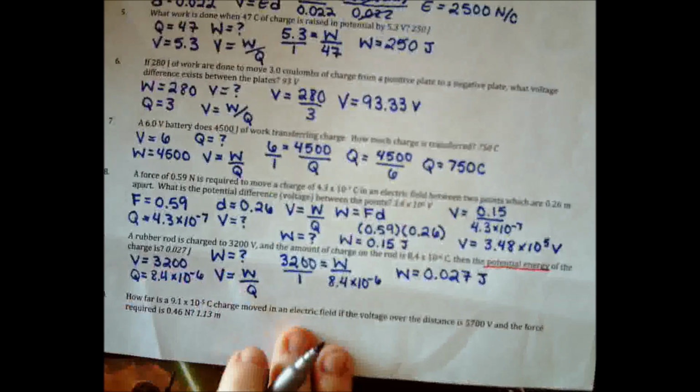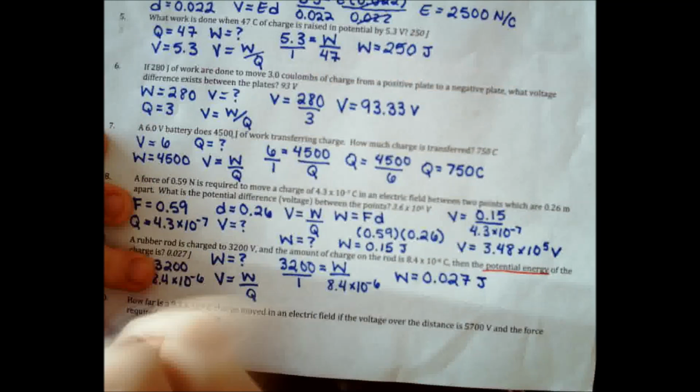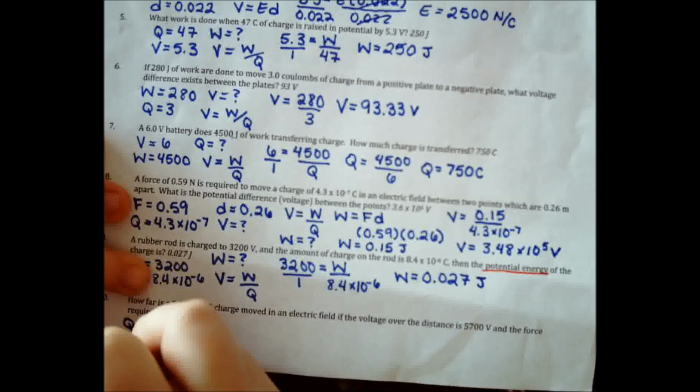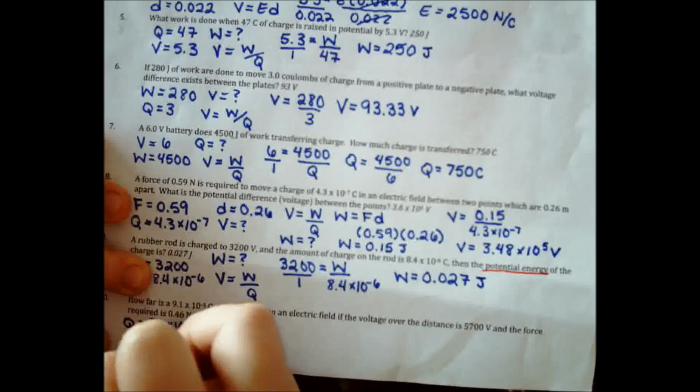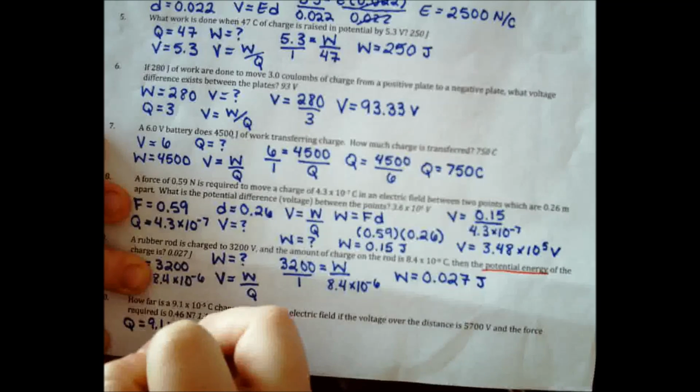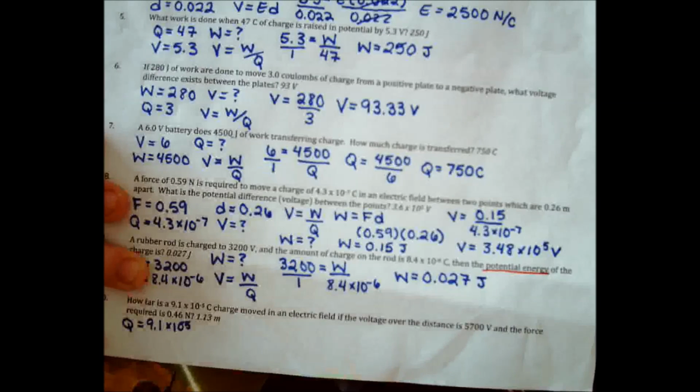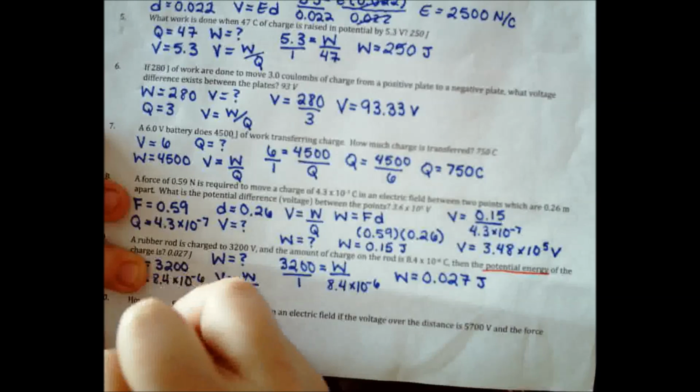Alright. How far is a 9.1 times 10 to the 5th charge? 10 to the 5th. Oh, negative 5th. That makes more sense. Alright, that's not readable. Let's start over.